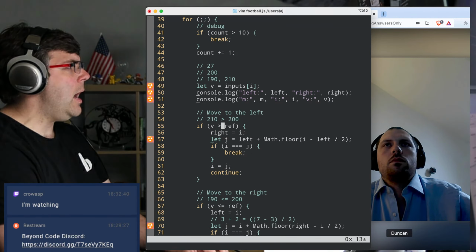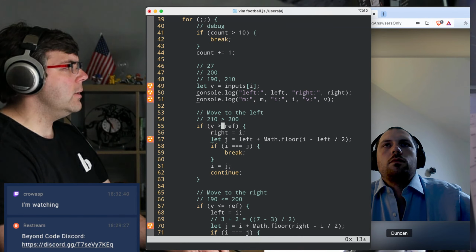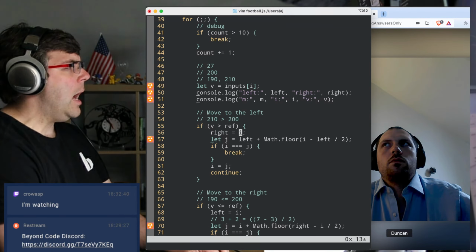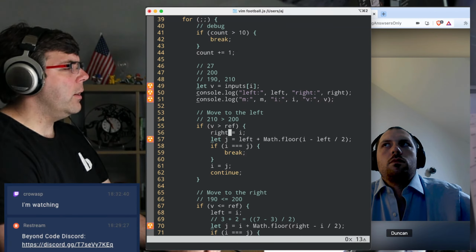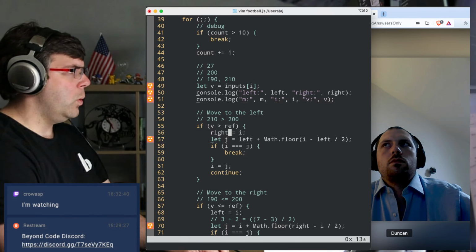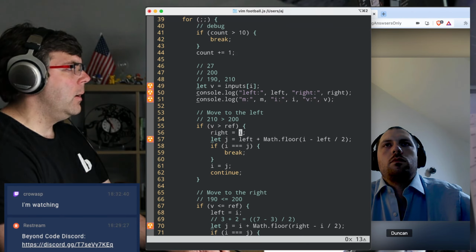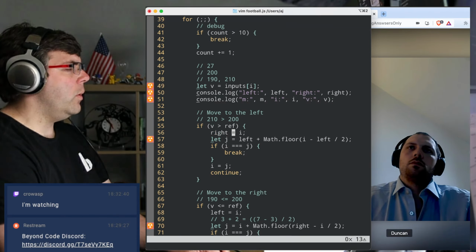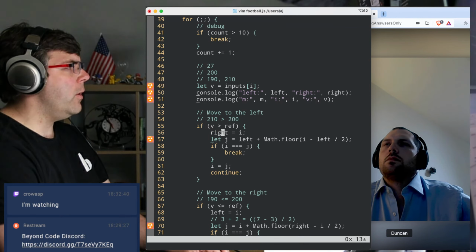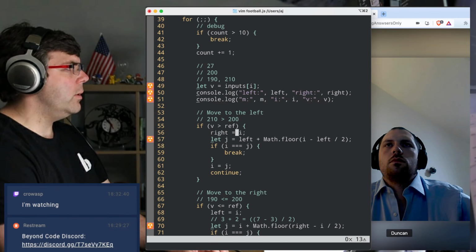And then if I is greater than the reference, then we have definitely hit the rightmost value. So in the case where I is the rightmost value, namely when the length is 2, then the index 1 is the second element. Then we say that I cannot go any further than this.